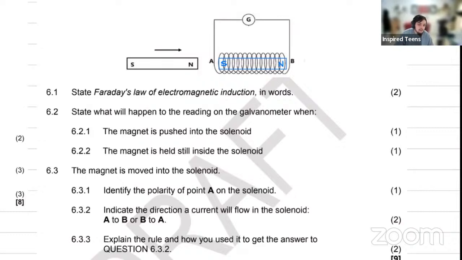What would be the polarity of A? I'll wait for one more answer.